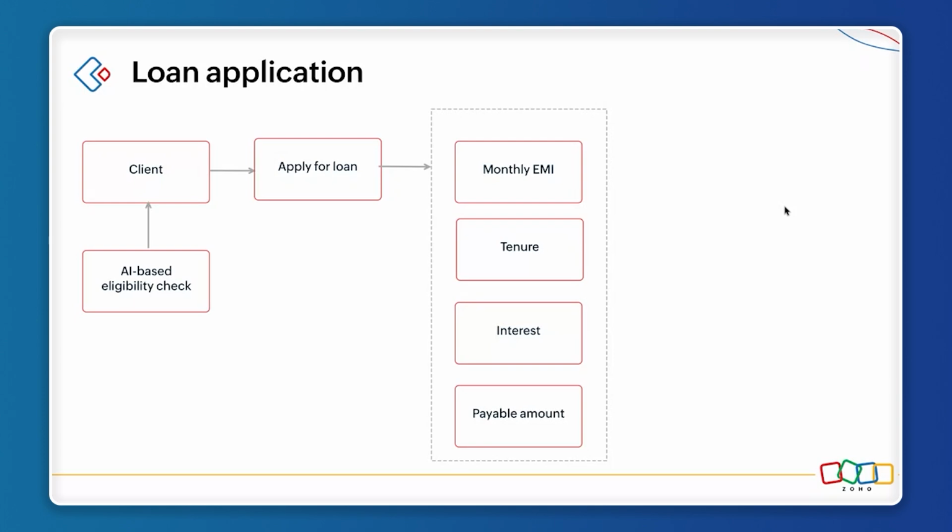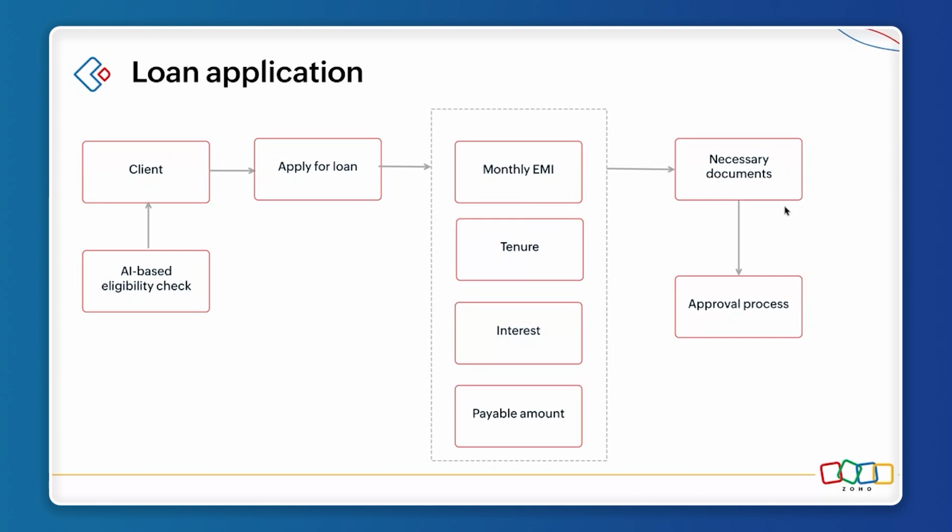Once the monthly EMI and the payable amount are calculated, we will display that to the client, and we will also collect the necessary supporting documents in order for this application to go into the approval process. Let me say it again. Whenever a client registers with our application, we quickly do an AI-based eligibility check, and we allow the client to apply for the loan.